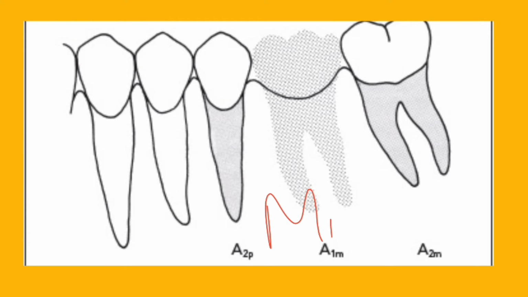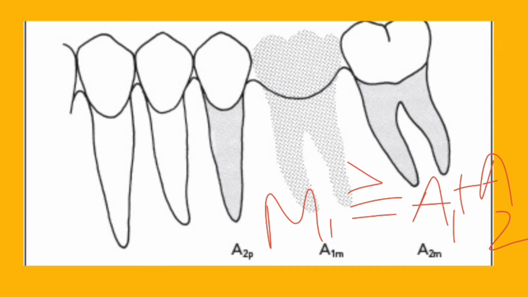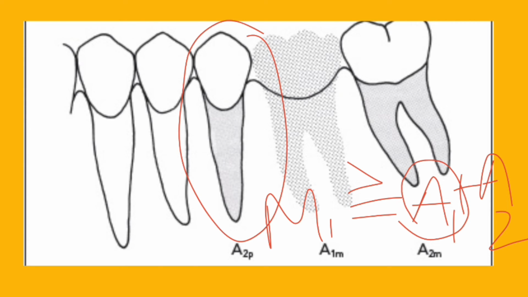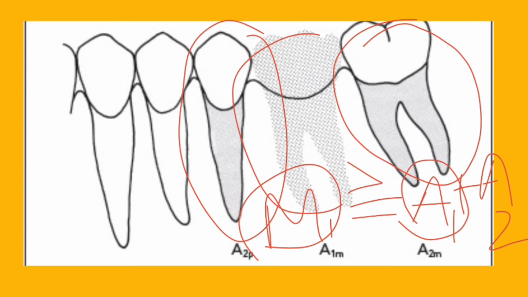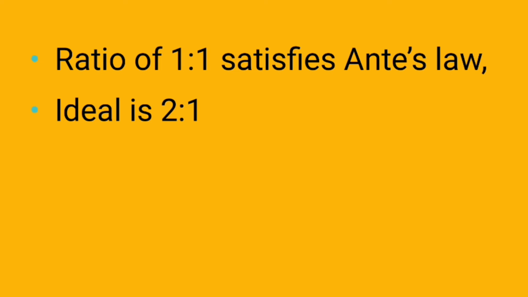That is, A1 plus A2 must be equal to or greater than M1. Here you can write A1 is the periodontal ligament area of this tooth, A2 is the periodontal ligament area of the second molar, and M1 is the periodontal ligament area of the missing tooth.